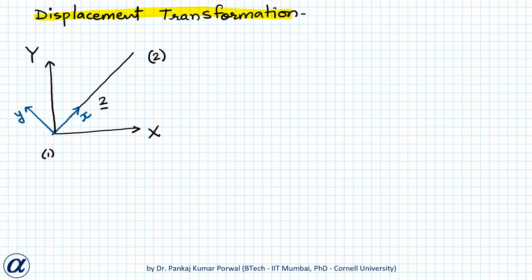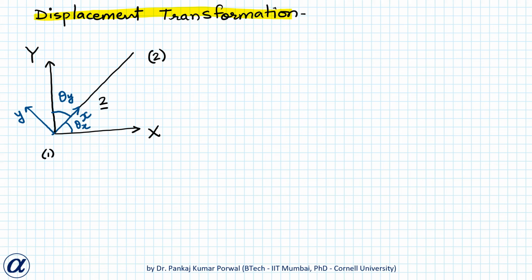And let's say the angle made by the positive direction of small x-axis with capital X-axis is theta x, and the angle made by the positive direction of small x-axis with capital Y-axis is theta y.